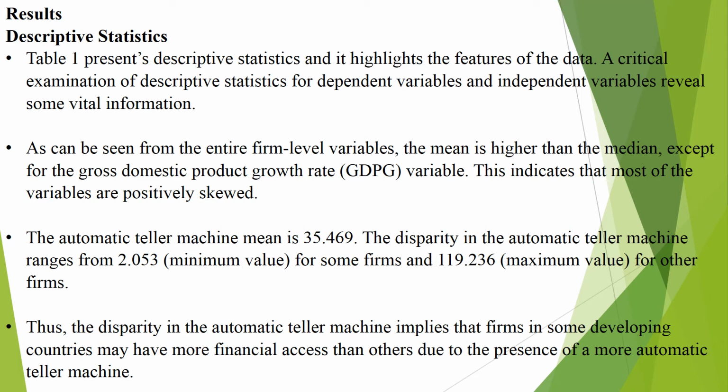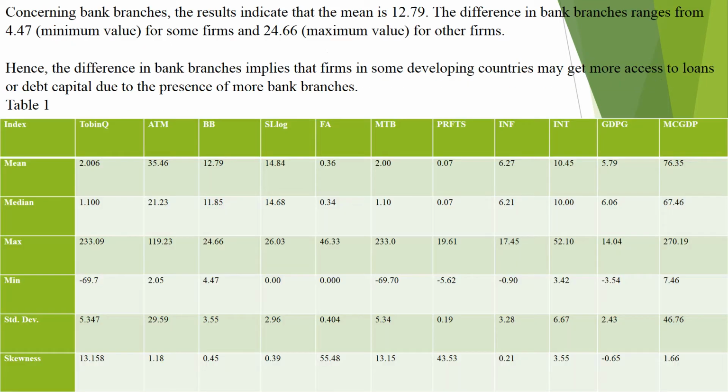Based on the descriptive statistics, we wanted to describe how the data is, and we can see that the automatic teller machine has some disparity, meaning it has a mean of 35.4, with a minimum value of 2.0 and a maximum value of 119.2. This implies that firms in developing countries may have more financial access than others due to the presence of automatic teller machines. We'll just say financial inclusion.